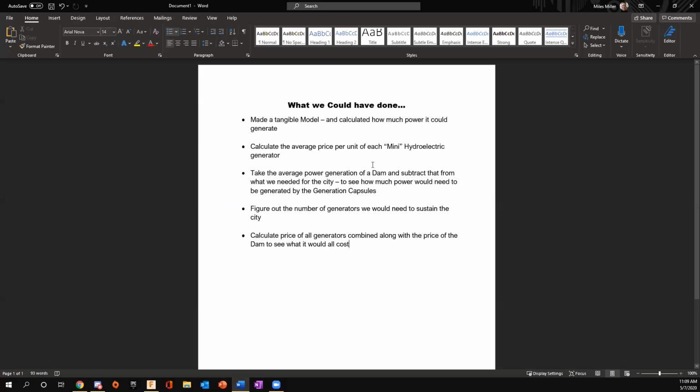We would have taken the average power of a dam and subtracted that from what we needed for the city, just to give us some perspective on how much power would need to be generated by the mini generation capsules. And then we would need to figure out the number of generation capsules that we would need to sustain the city. And finally, we would calculate the price of all the generator capsules combined with the price of the dam to see what the entire thing would cost.